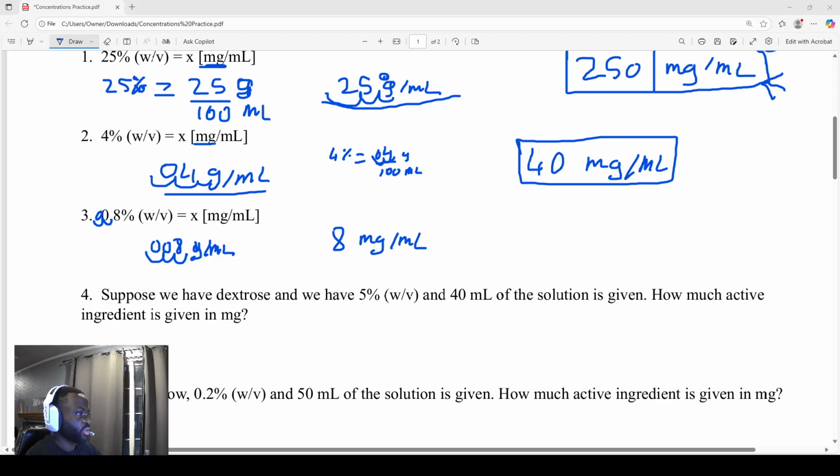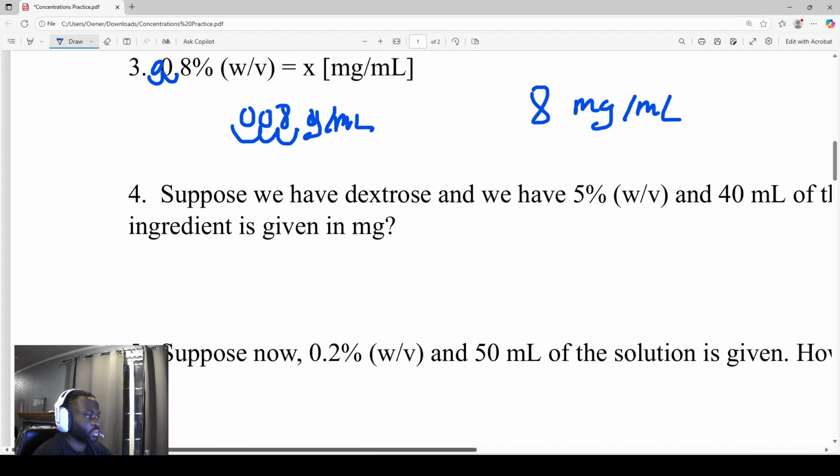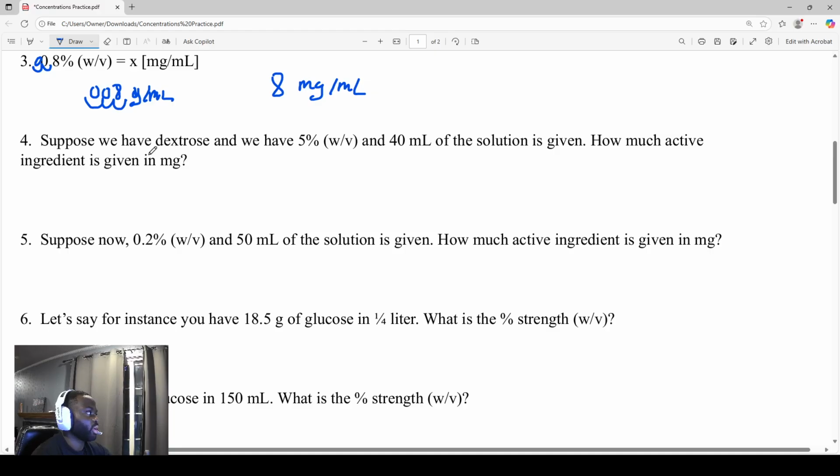Okay, moving forward to number 4. Now is where the algebra comes in. So our question reads, let me zoom out one more time. There we go. So suppose we have dextrose, and we have a 5% strength weight and volume solution, and 40 milliliters of the solution is given. How much active ingredient is given in milligrams?